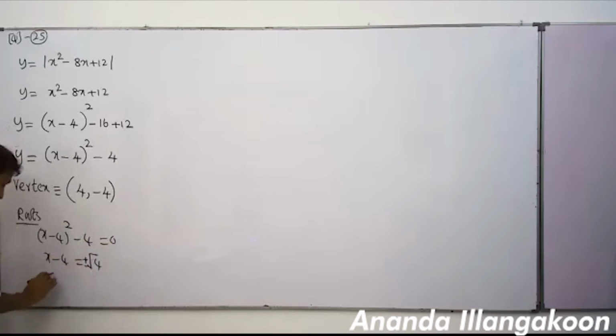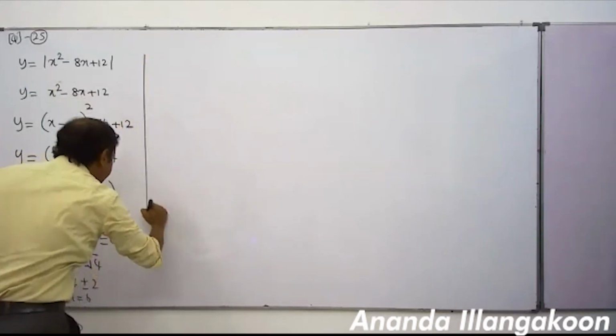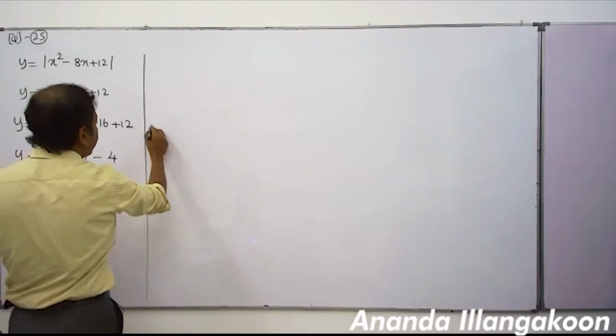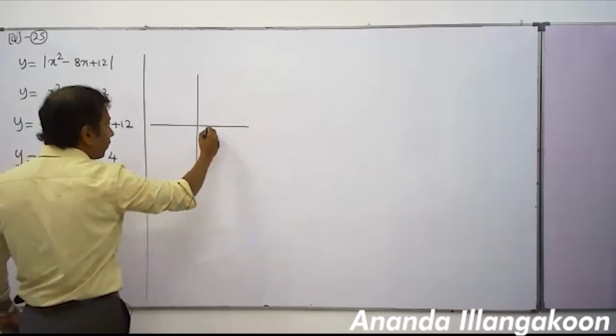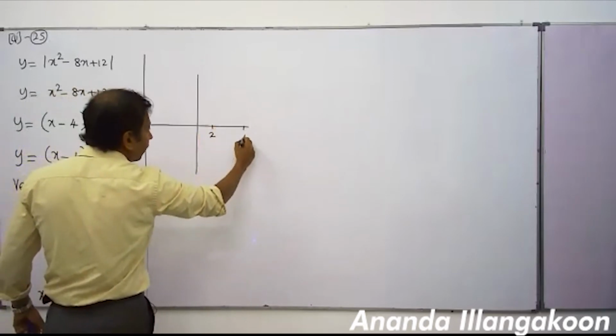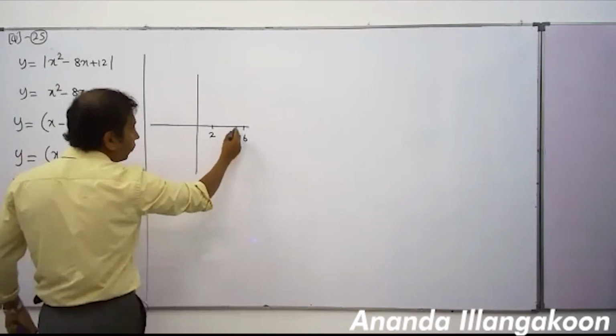Plus or minus we have to put 2. The two values are x equals 2, x equals 6. Right. Now we can sketch the rough graph of that. Two and 6. Right. 4, minus 4. 4 is in between 2 and 6.